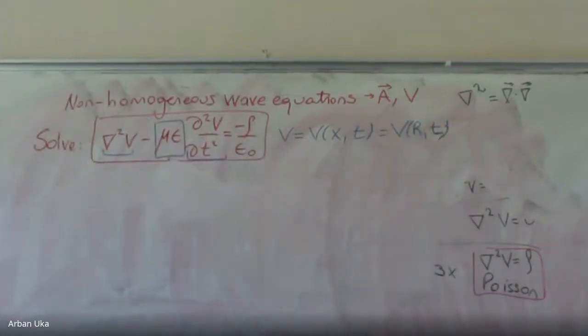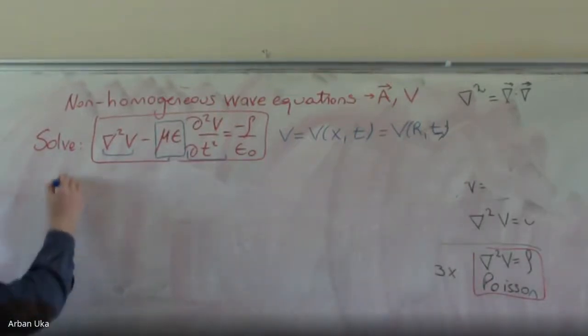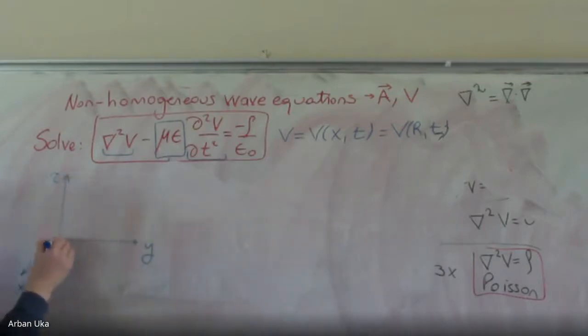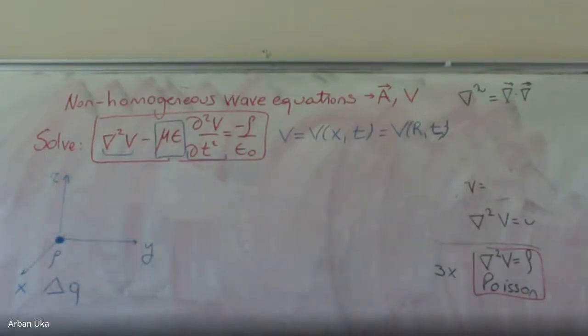And in order to express this, let's think for a moment that we have x, y, and z, and we have a charge density which is different from 0, which is located here, okay? So here we have the charge density rho, or we can also denote it as delta Q.